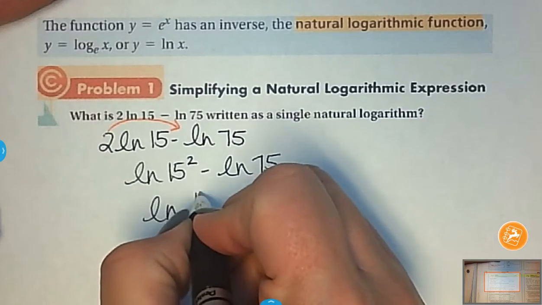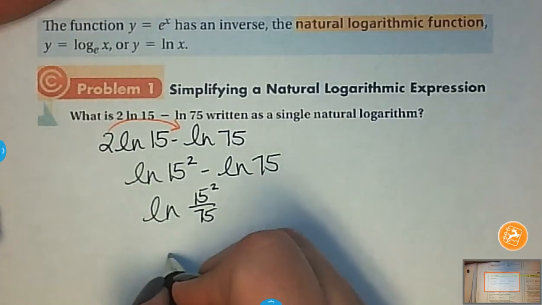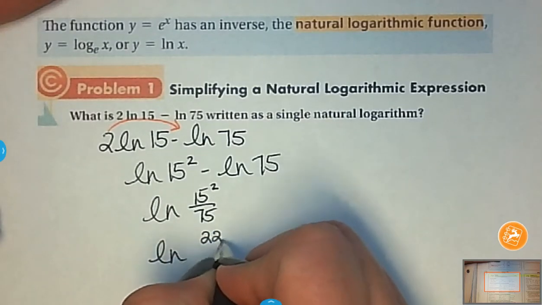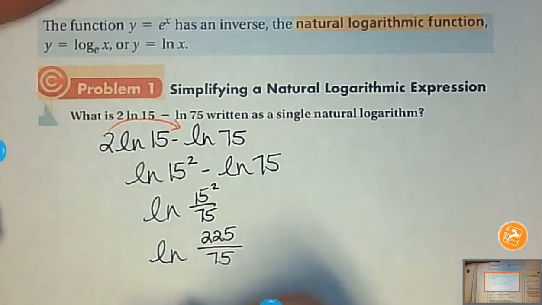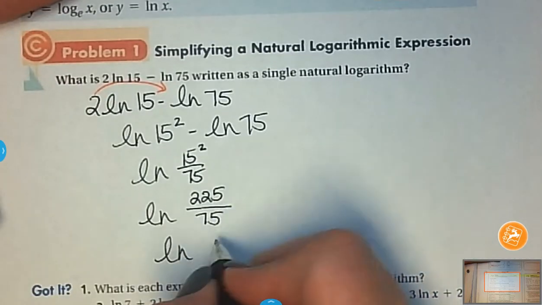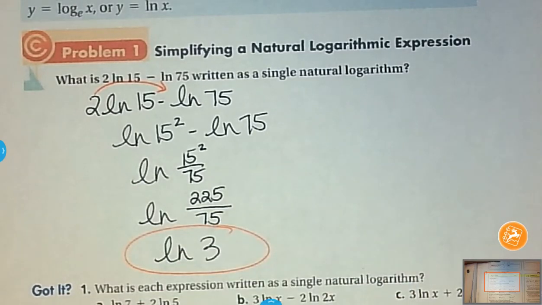Division. So my 15 squared goes on the top, 75 is on the bottom. 15 squared is 225 over 75. What do you get when you divide that out? 3. So this is the natural log of 3. That's what it simplifies to, as a single natural logarithm. And I didn't learn anything new. I just did the same old stuff with an ln instead of log.